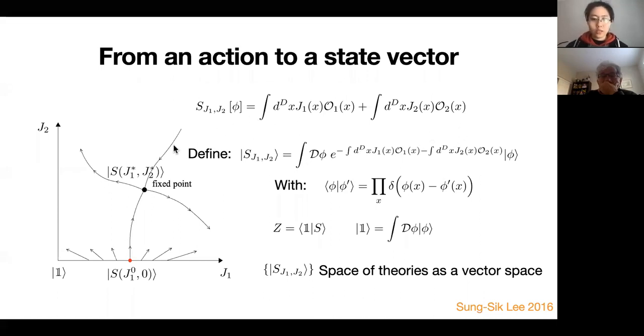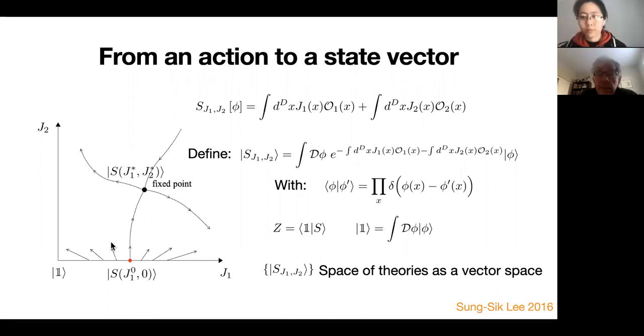So for any point in the coupling space, we can find a vector written like this. The corresponding partition function for such a theory is given by the overlap between the state vector and the identity vector.